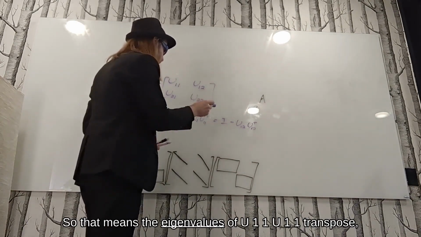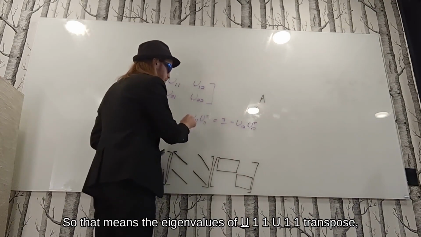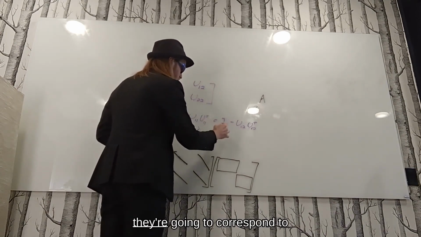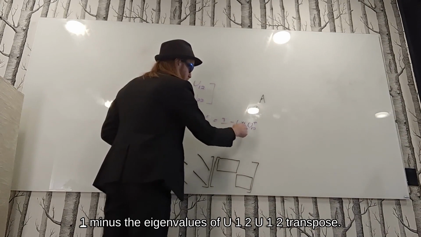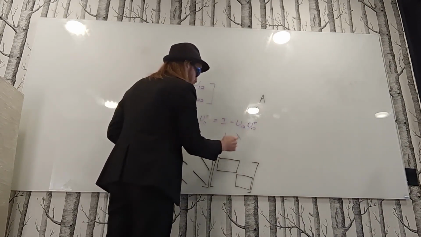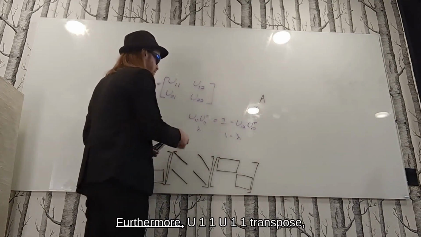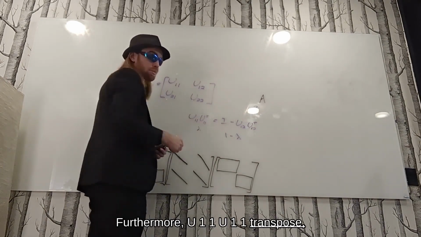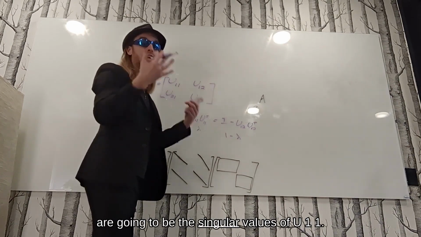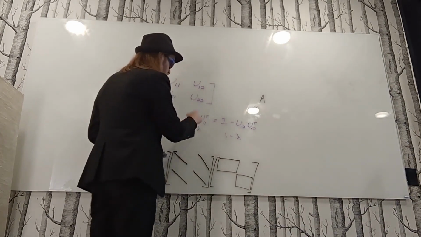So that means the eigenvalues of U11 U11 transpose, if we call those values lambda, are going to correspond to 1 minus the eigenvalues of U12 U12 transpose. Furthermore, that thing's eigenvalues are going to be the singular values of U11.